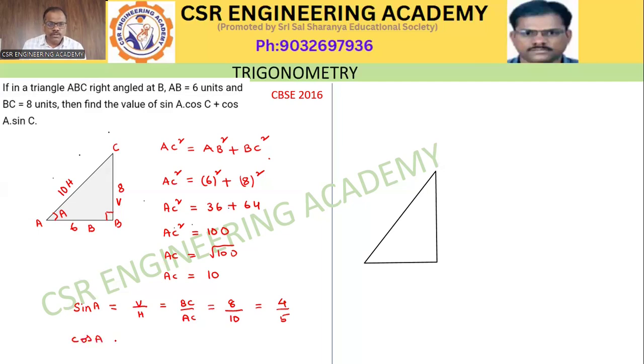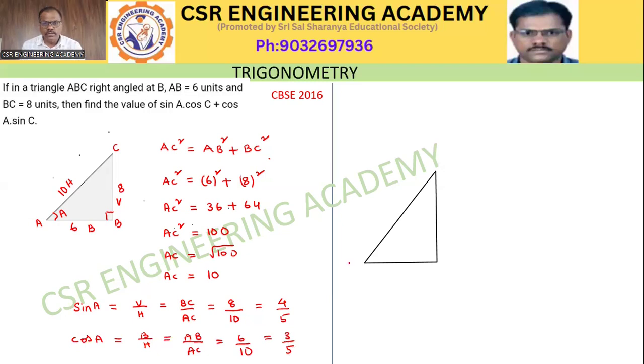Cos A is equal to base by hypotenuse, that is equal to AB by AC, is equal to 6 by 10 is equal to 3 by 5.